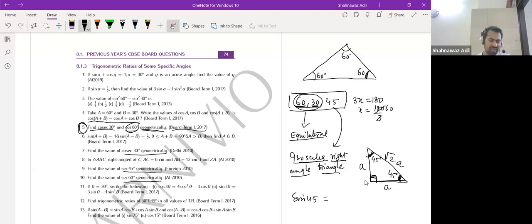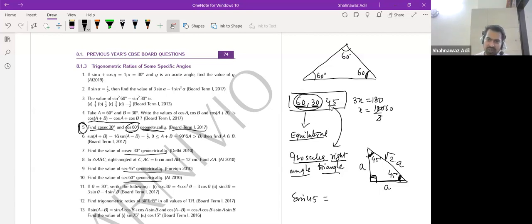First we have to make some triangle. Geometrically we will make a triangle and assign all the sides. Choosing the triangle depends on the angle.